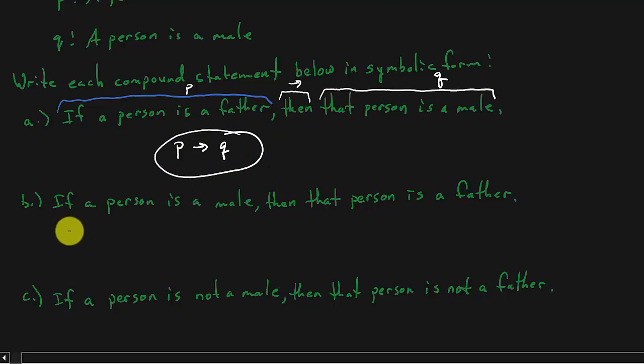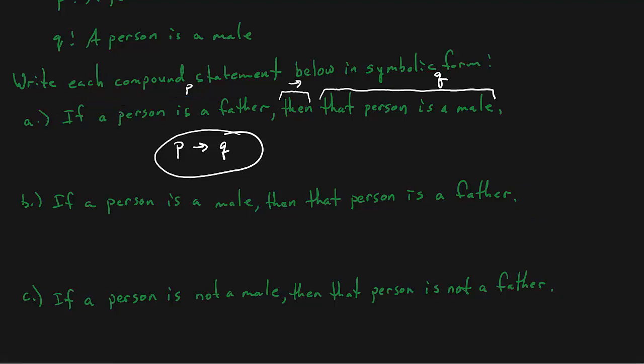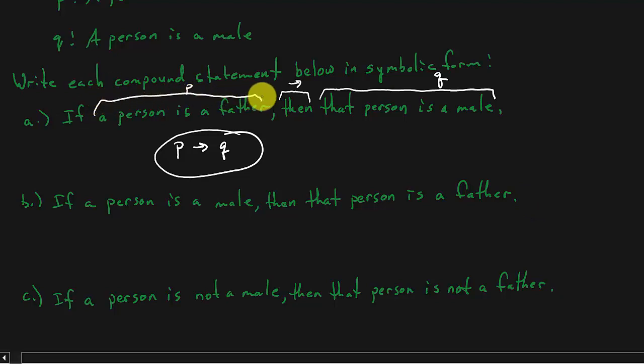All right, so what about this one? If a person is a male, then that person is a father. Actually, let me redo this right here. A person is a father, and then the then and the if, that represents that symbol, the if then.